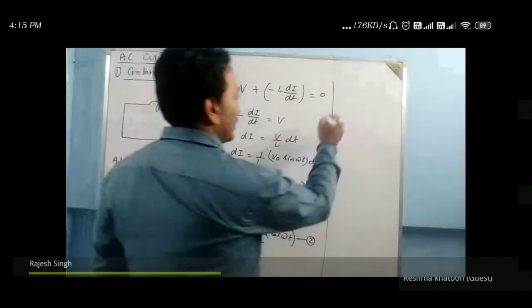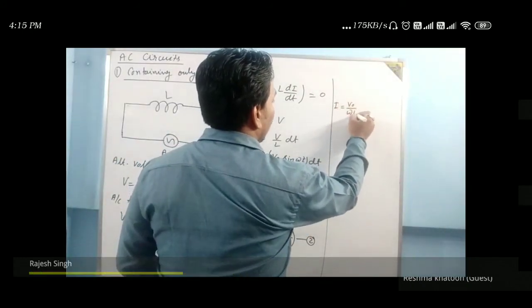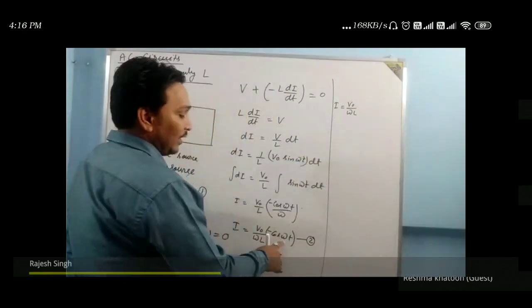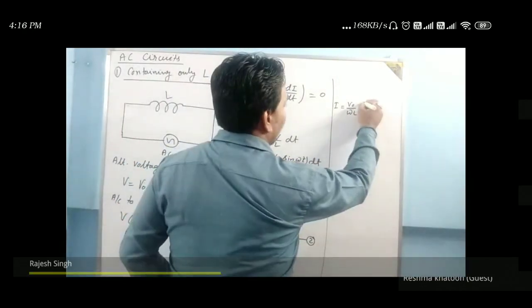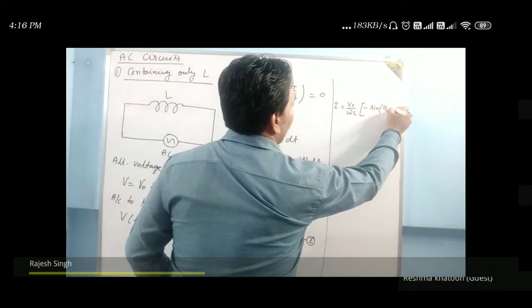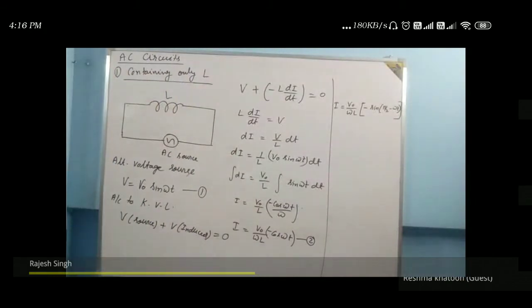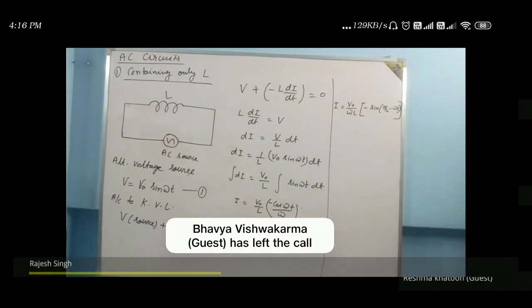What am I going to write? A simple mathematics I am going to use. V naught upon omega L. Just see, in place of minus cos omega t, I can write minus sine of pi by 2 minus omega t. Can I write? Sine 90 minus theta is equal to cos theta.